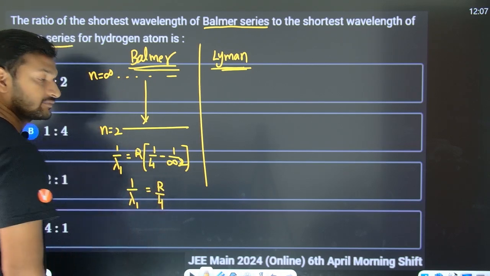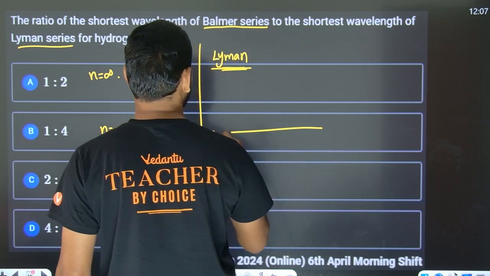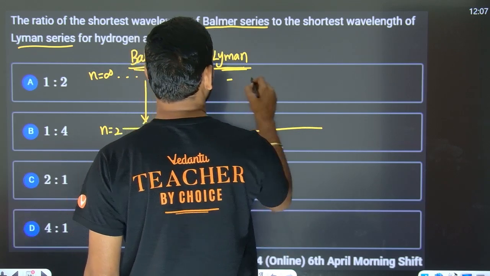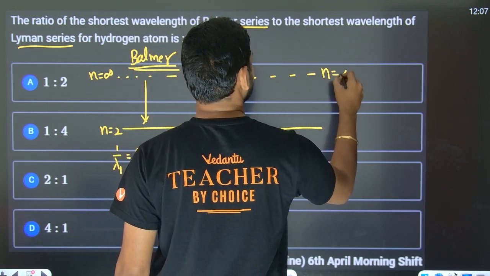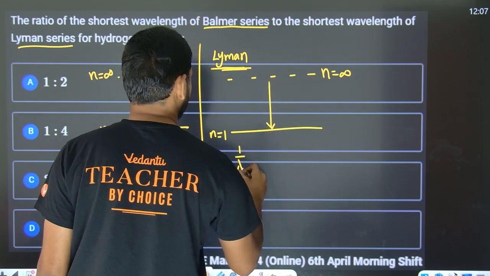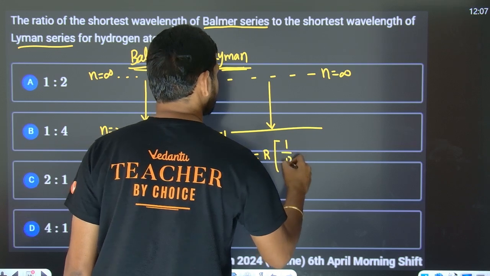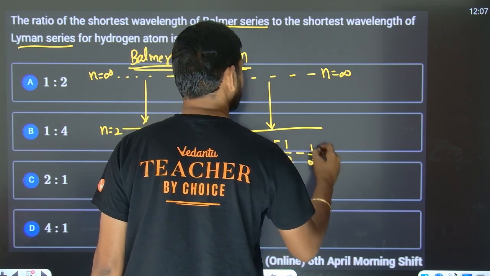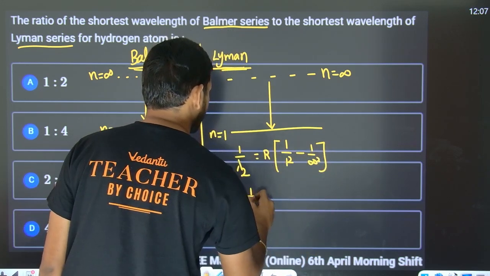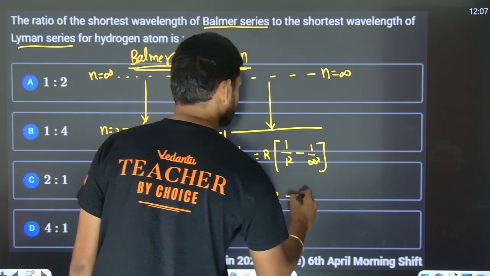Now in the Lyman series, the de-excitation is going to be to n is equal to 1, from n is equal to infinity. Then 1 by lambda 2 is going to be R into 1 by 1 square minus 1 by infinity square. So 1 by lambda 2 is equal to R. So this is your equation 1, this is your equation 2.